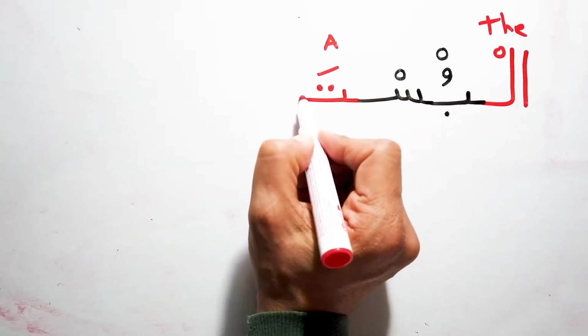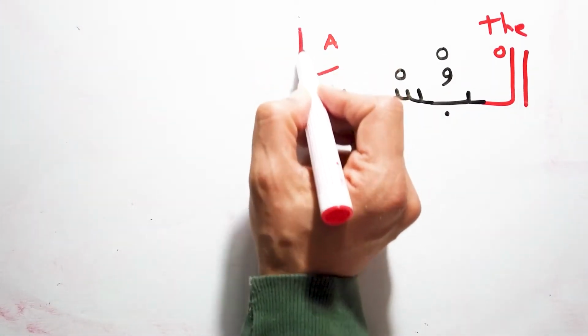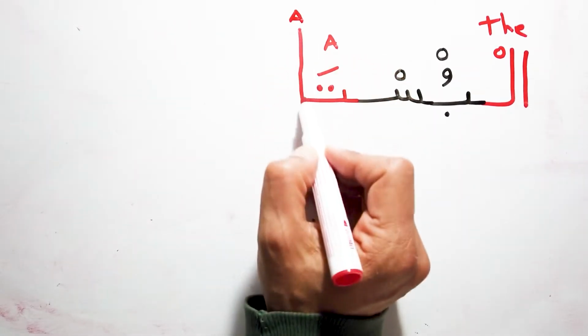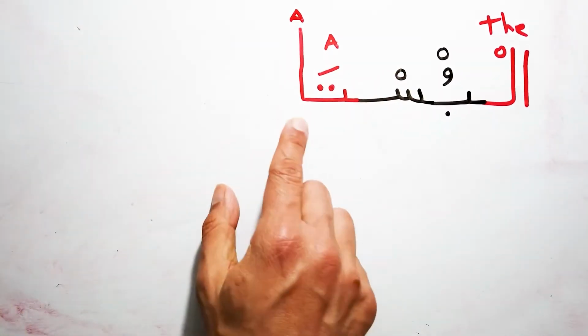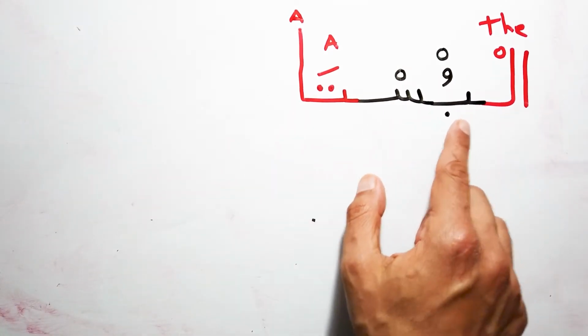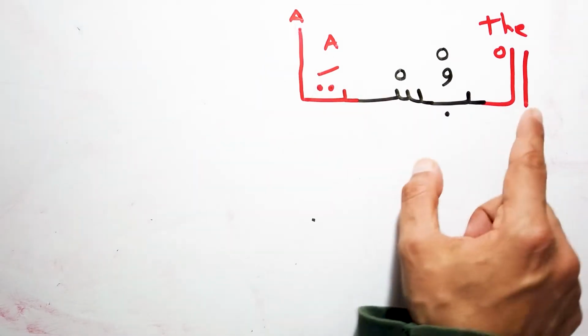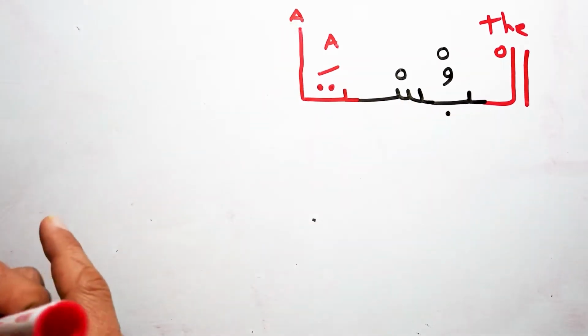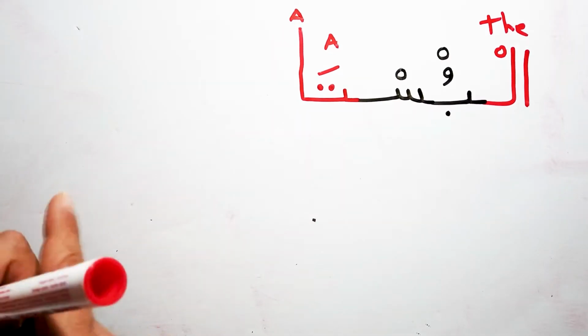I have a long vowel here, so this one adds another A. It's like long vowel A. We call it in Arabic long vowel alif. البس تا.